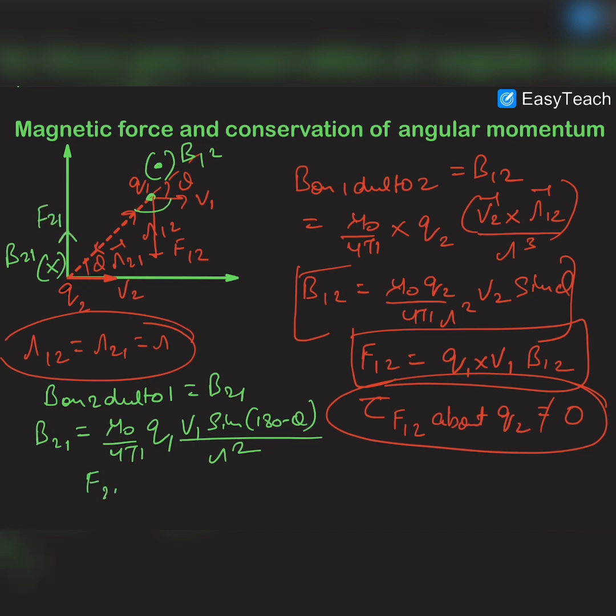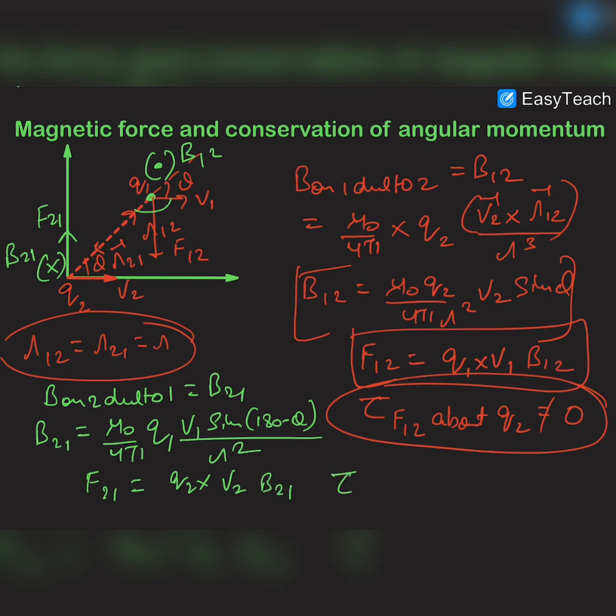So F21 will be equal to mu naught by 4 pi Q, in fact QVB. So Q is Q2, V is V2, and B is B21, and the angle is 90 degrees.